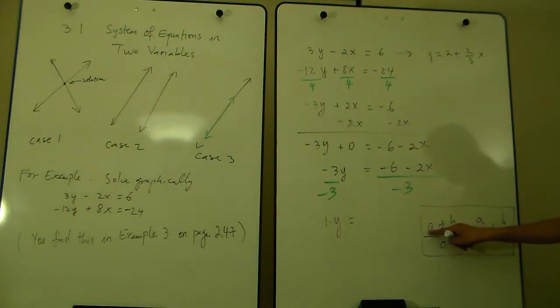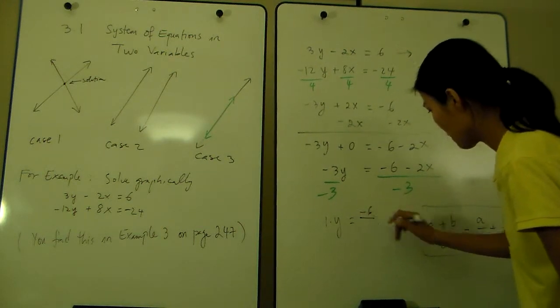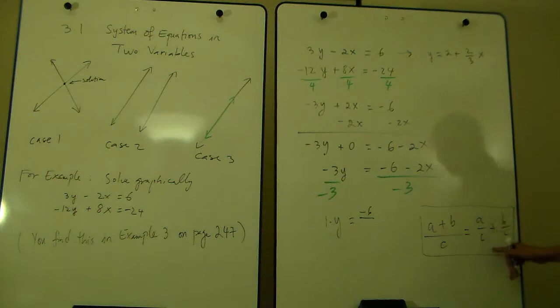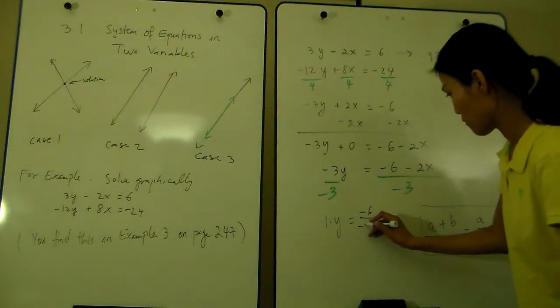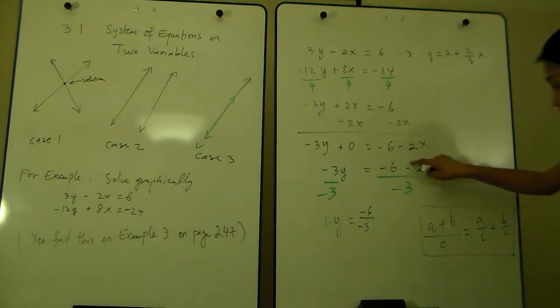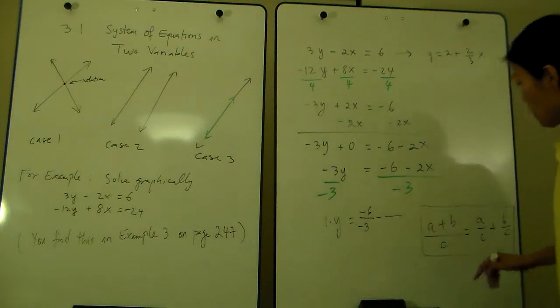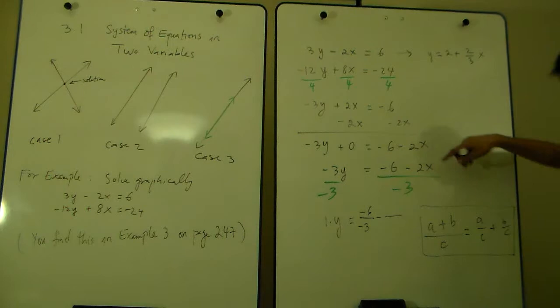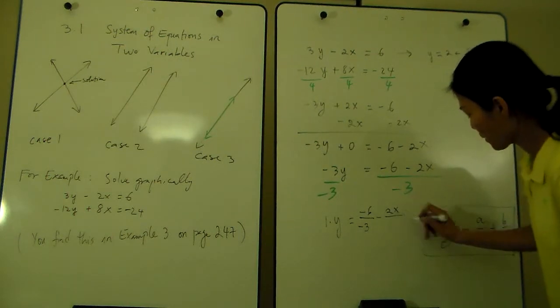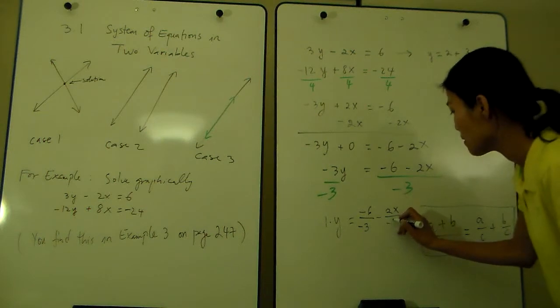So A is the first term here, which is negative 6, divided by the denominator, right? A divided by C. Denominator is negative 3. Now, for this formula right here, plus with plus. In this case we have negatives. We have negative in between. B, which is 2x, right? So 2x divided by the denominator. The denominator is negative 3.